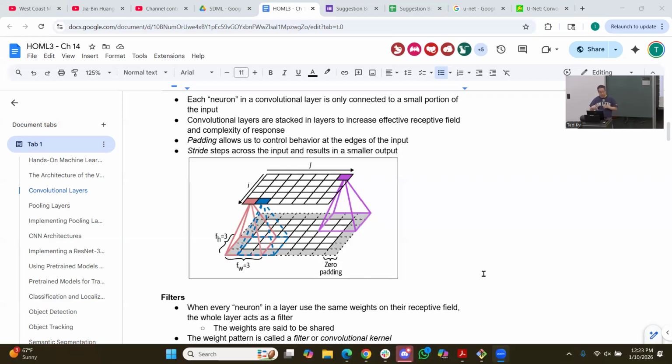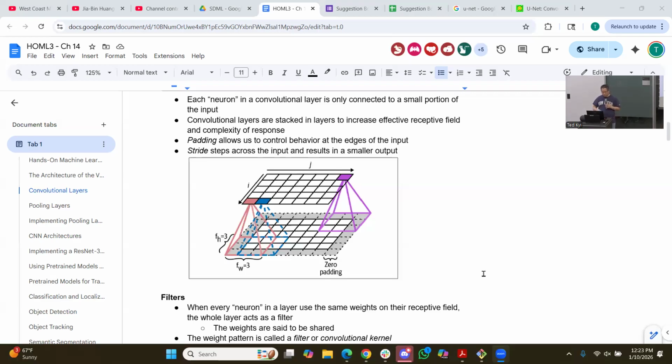But in a convolutional layer, every one looks at exactly the same 3x3, and they use the same weights. So the upper left corner might have a weight of 2, the upper right corner might have a weight of -1, and every single output is using 2 in the upper left corner and -1 in the upper right corner. This tying or sharing of the weights is the key phenomenon in terms of what we're doing here.